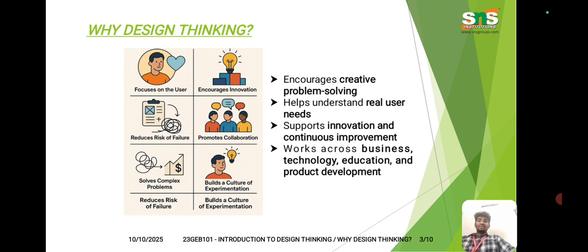By using design thinking, we can brainstorm new ideas and we can create simple prototypes like token systems or digital menus and so on. At the same time, we can test all the prototypes with a small group of people to check whether the product or application that we made is working or not. So this leads to a solution that actually works for students.